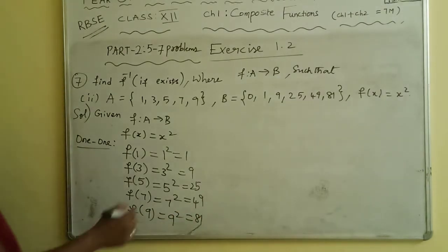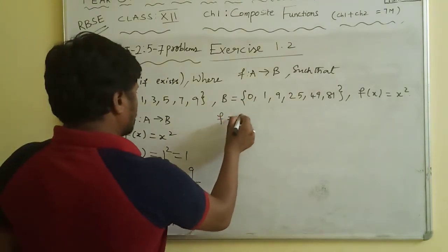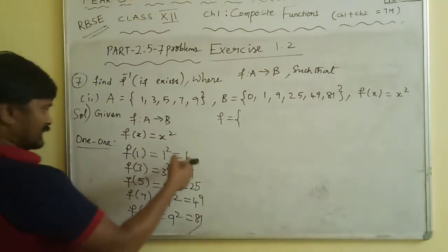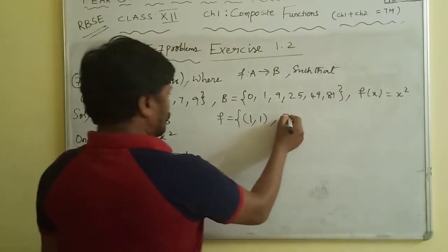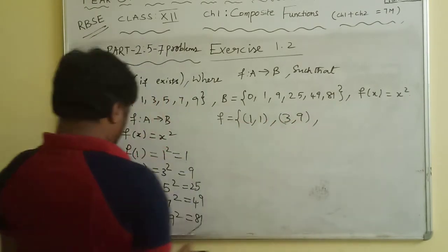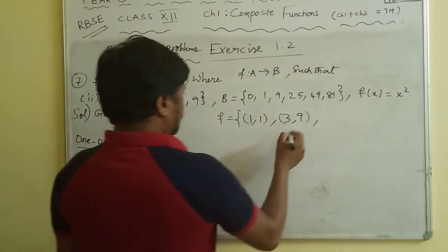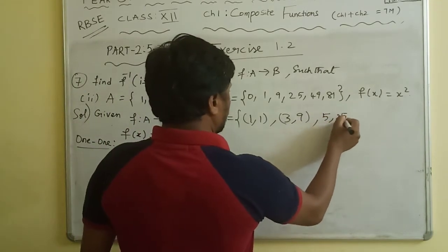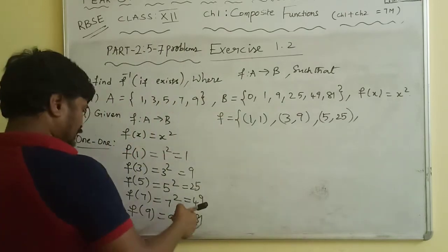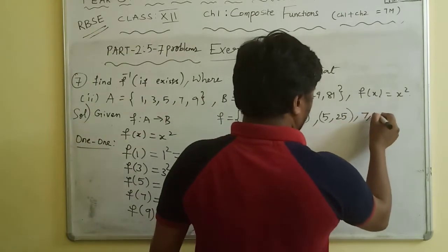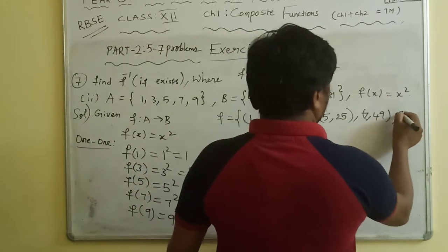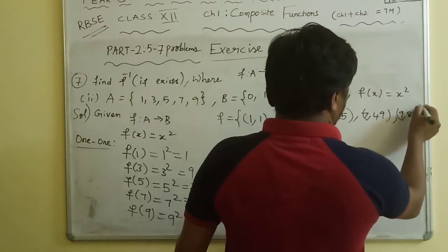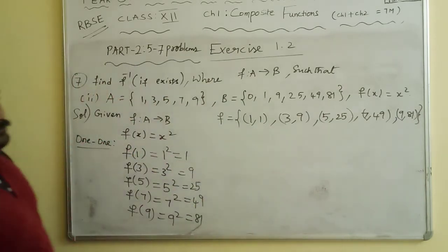So what is your f now in this place? f is equal to {(1, 1), (3, 9), (5, 25), (7, 49), (9, 81)}. So this is the f you got.